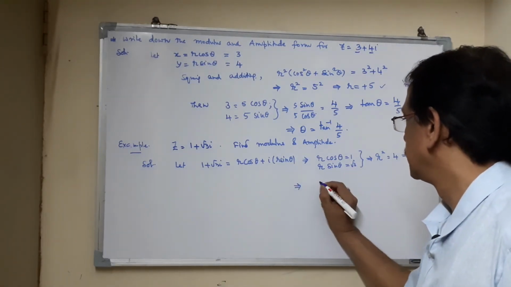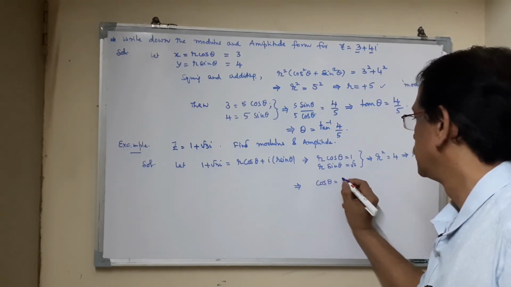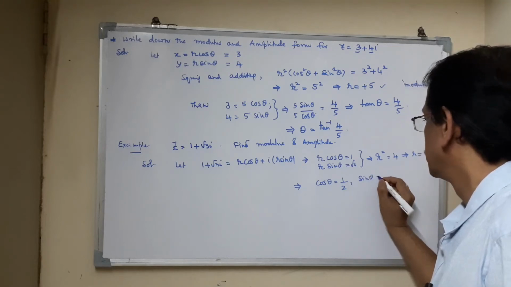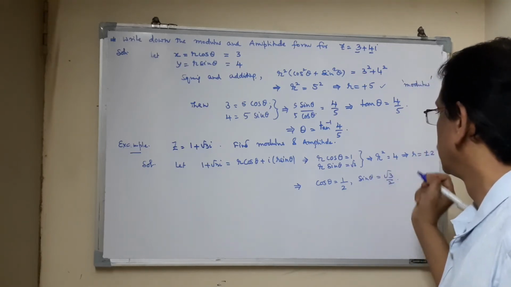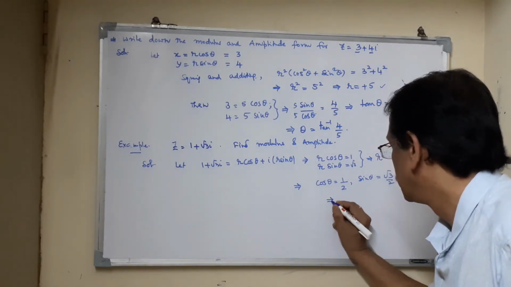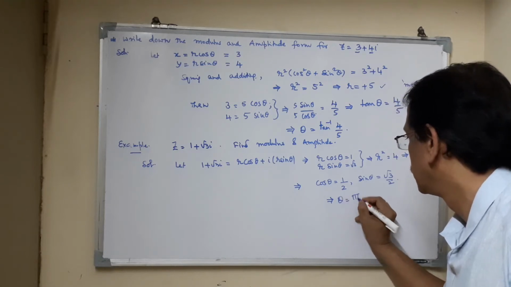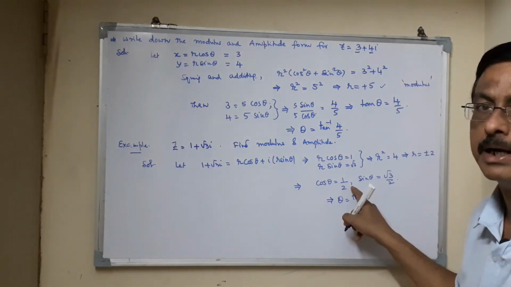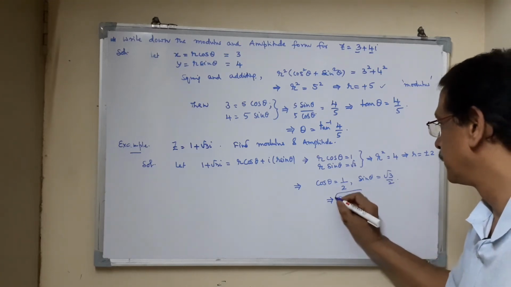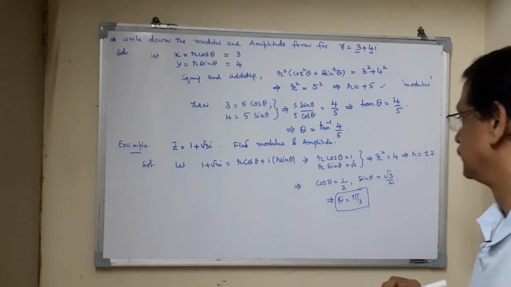This implies cos theta is 1 by 2 and sin theta is root 3 by 2, and they agree at pi by 3, because cos pi by 3 is 1 by 2, sin pi by 3 is root 3 by 2. So they agree at theta equal to pi by 3, principal value.